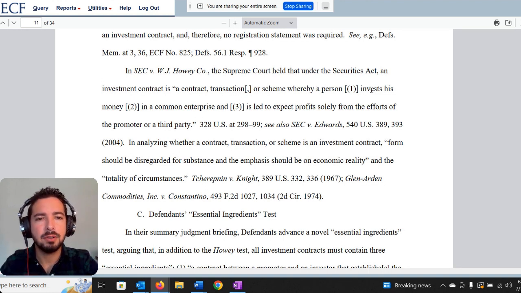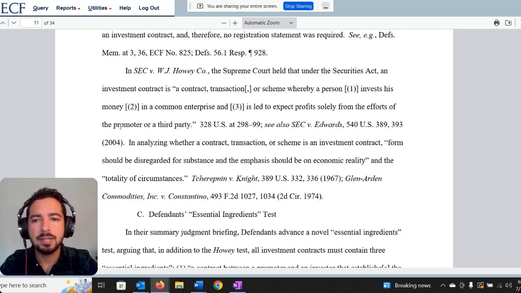So someone has to invest their money in a common enterprise, which in layman's terms means people have to be working together towards a common goal in a business sense, and is led to expect profits solely from the efforts of the promoter.